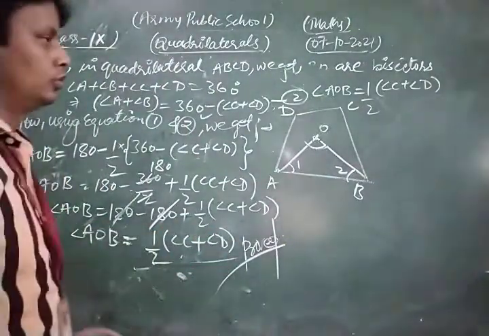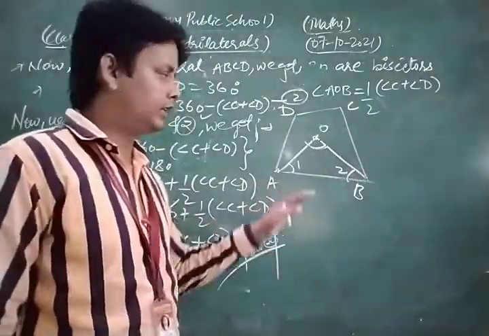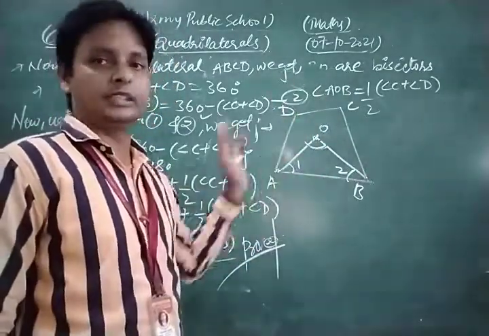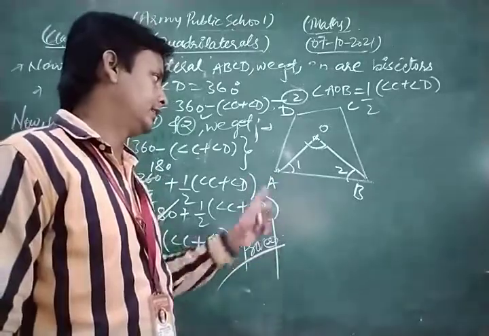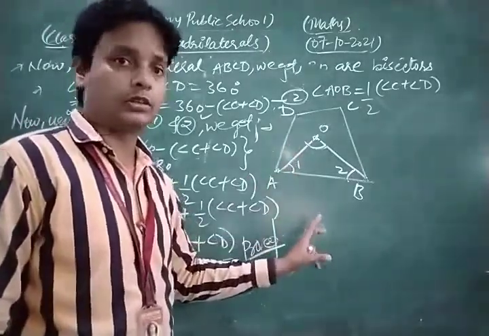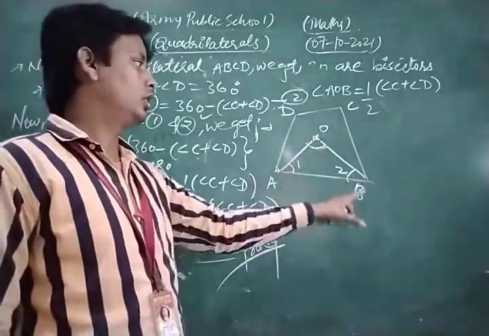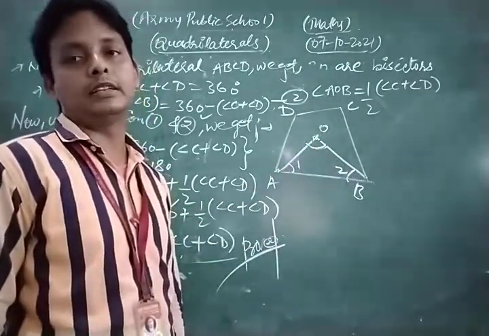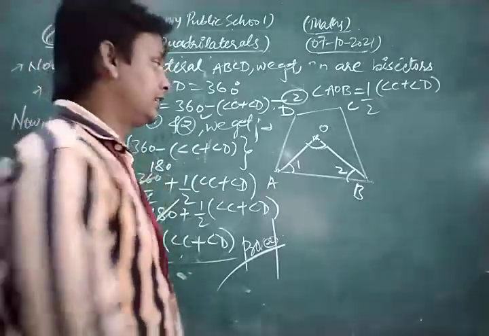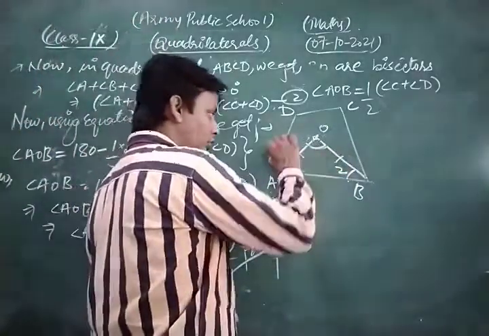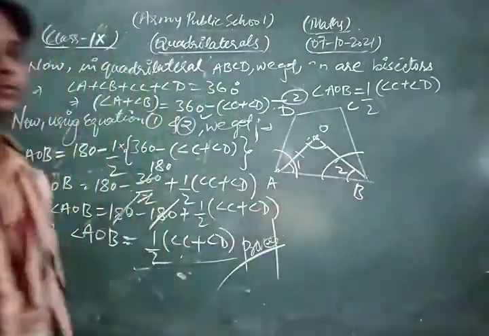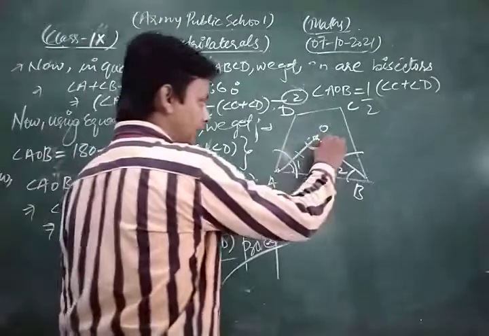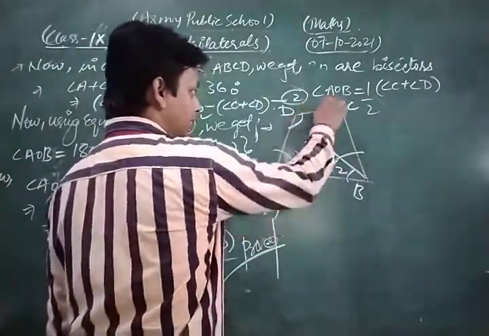In that quadrilateral, AO and BO are the bisectors of angle A as well as angle B. The bisectors of angle A and B meet at point O, and we have to show that angle AOB is equal to half of angle C plus angle D.